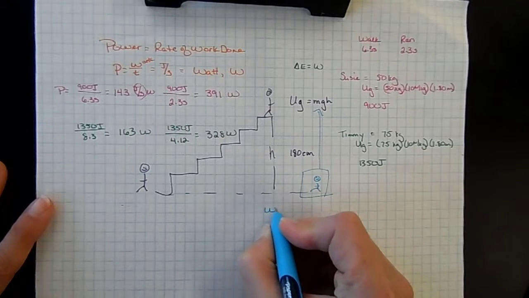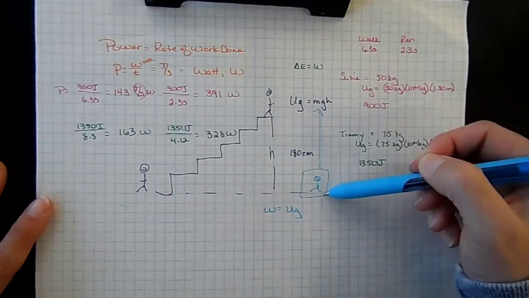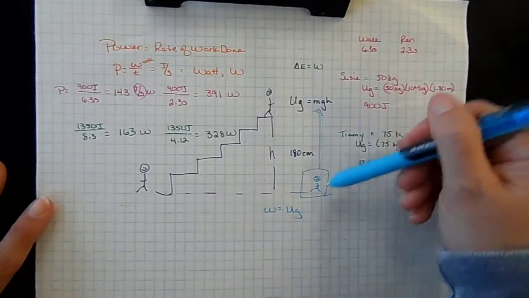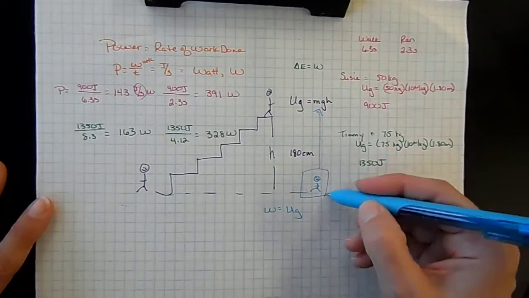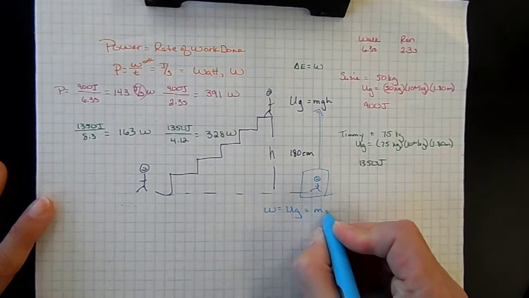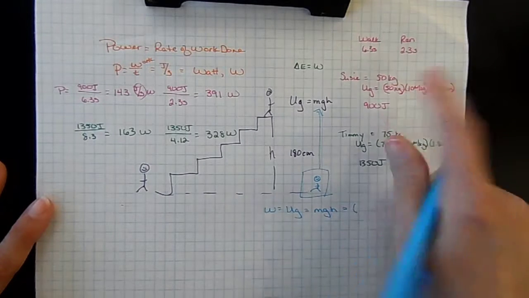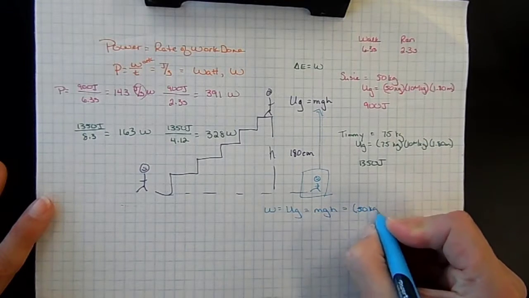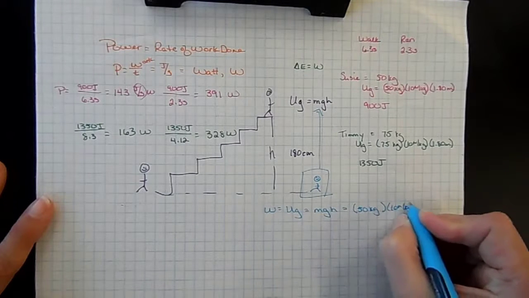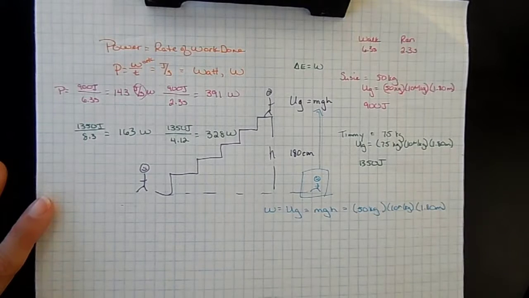Now, the work here is still that gravitational potential energy, right? So the amount of energy that it takes to get up here is the amount of work that the elevator has to do to take, what's his name, George, up to the top. So it's still mgh. So if we take the same mass as Susie, and then 10 newtons per kilogram, times 1.8 meters, so he's going the same height.